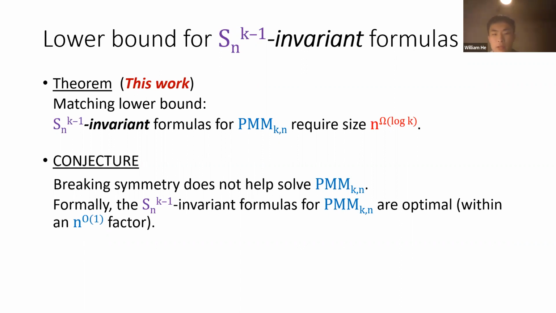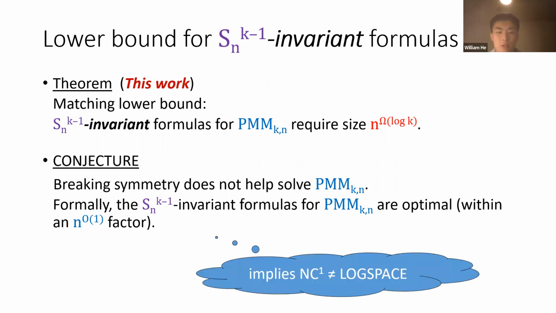So we can frame this conjecture in the following way. The conjecture says that breaking symmetry does not help solve PMM_{k,n}. More formally, the S_n^(k-1) invariant formulas for PMM_{k,n} are optimal within some constant in the exponent. And again, this conjecture would separate NC1 and log space if verified.